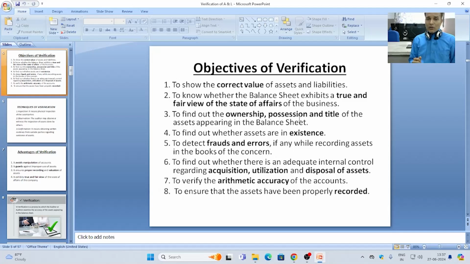Seventh, to verify the arithmetic accuracy of the accounts of the assets and liabilities. And the last is to ensure that the assets have been properly recorded in the books of account. So all these are objectives that motivate the auditor to take verification very carefully in the client's business.